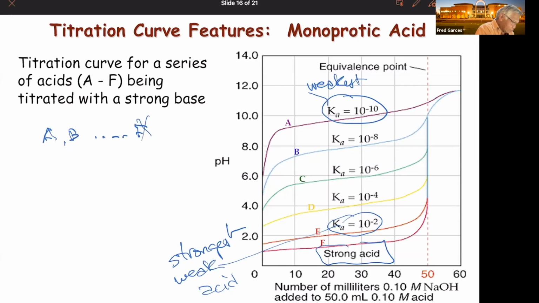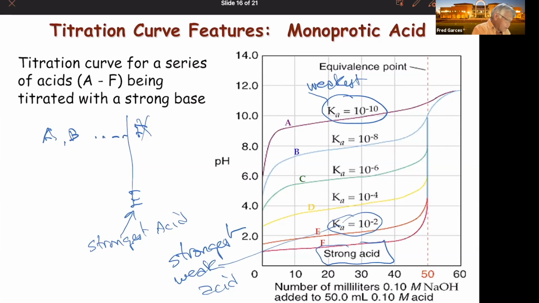This one will not be in the game because its conjugate is a non-base, because it's a strong acid. But let's say we go to E. If this is your strongest acid, then its conjugate will be your weakest base.